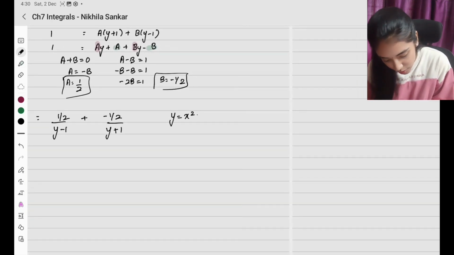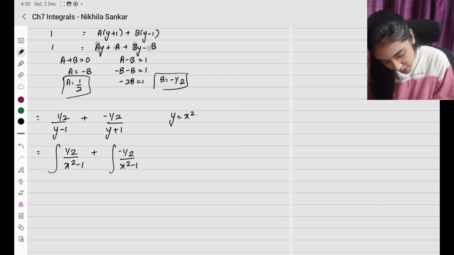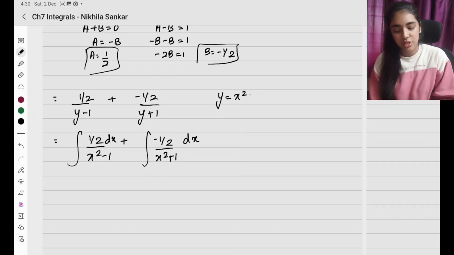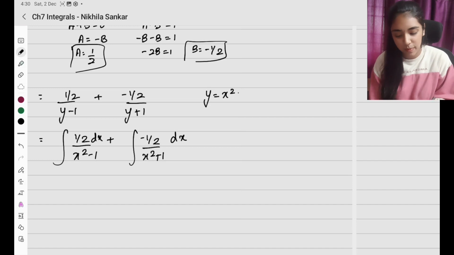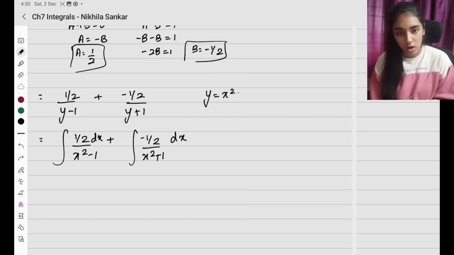So what do I have? Basically 1 by 2 divided by x square minus 1 plus minus 1 by 2 divided by x square plus 1 times dx. My variable of integration is only dx, so always change it back. Do not take the integral in y, because we did not change the variable to dy. Never do that, that will be wrong. Substitute it back.